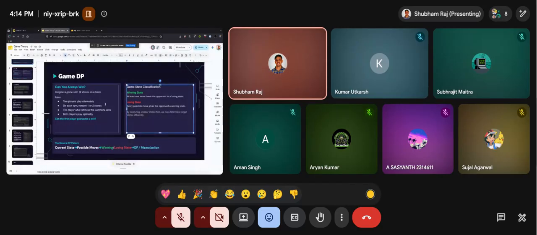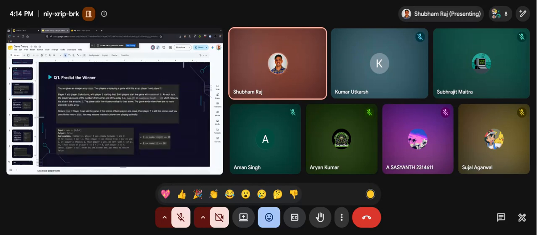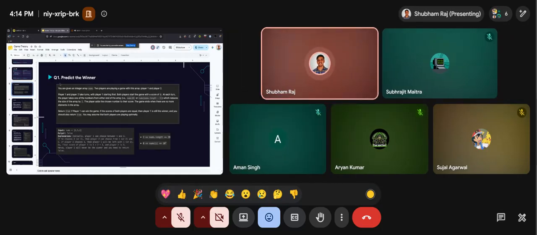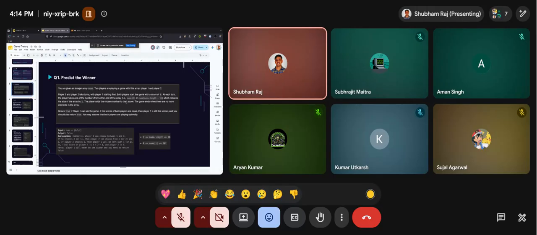So this is it. Let's move into the question part, because this topic is majorly based on some standard patterns. The first question is Predict the Winner. This game is simple. There will be an array nums, and two players will be playing this game.